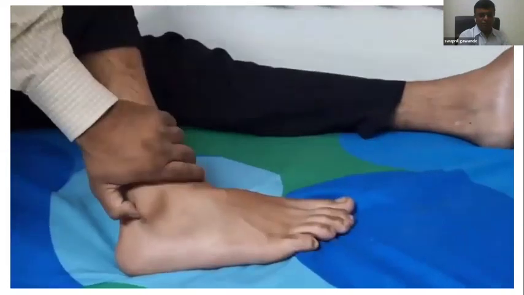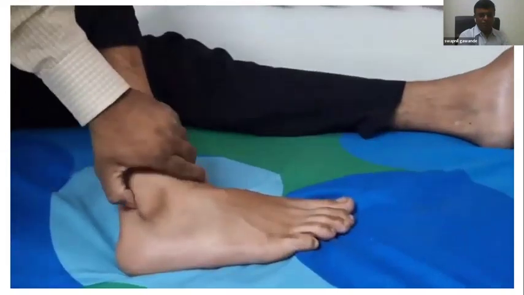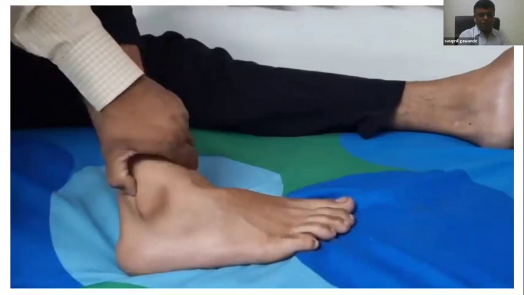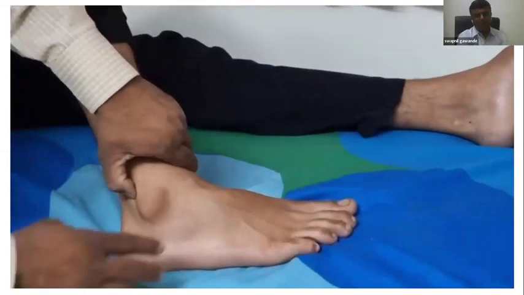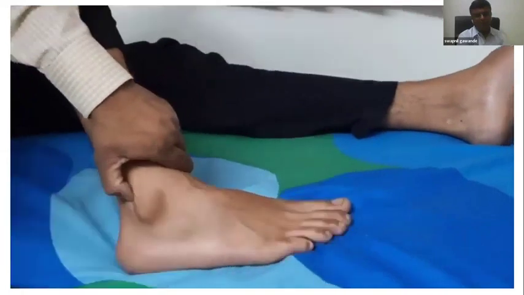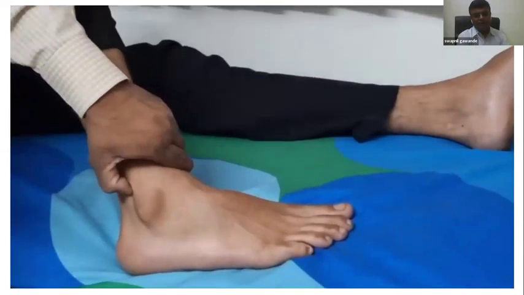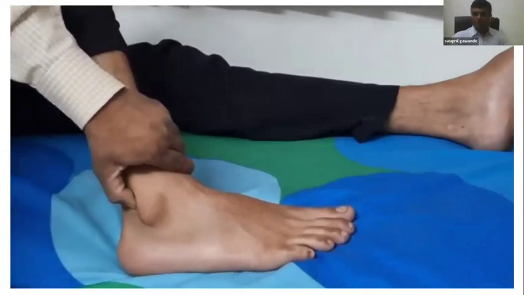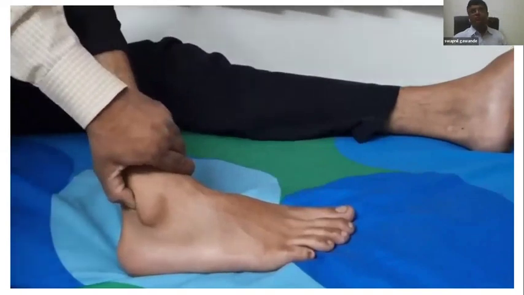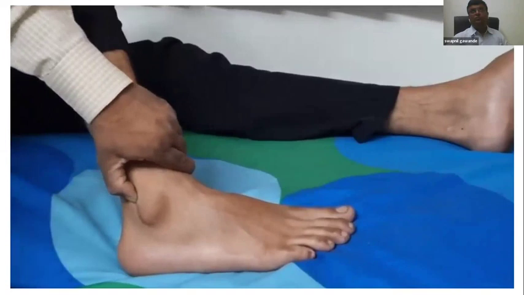Now I am going more specific, to the particular pinpoint place where the pain is, because after palpating I came to know that in this area the pain is located, or it is the origin of pain. He is telling me he has a slight pain here.